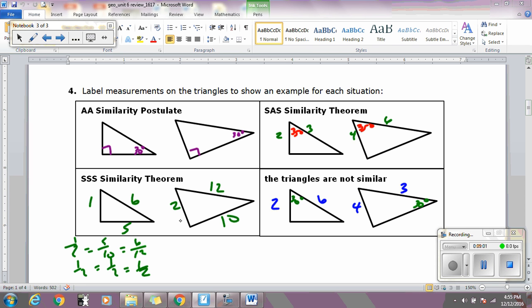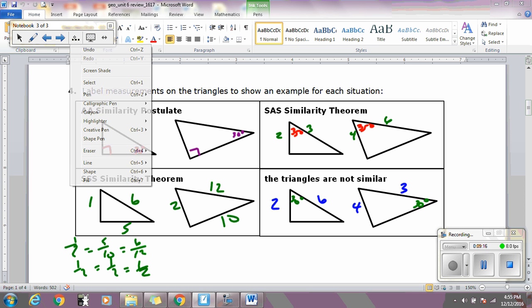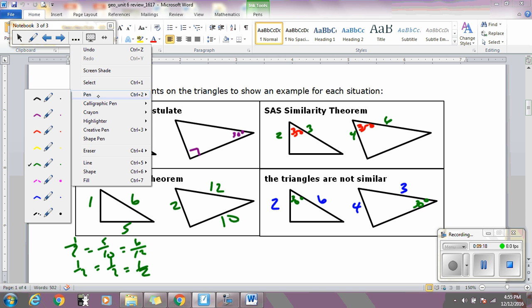First reason, the 2 pictures don't have an included angle on both in the correct spot. Number 2 is that the sides are not proportional.